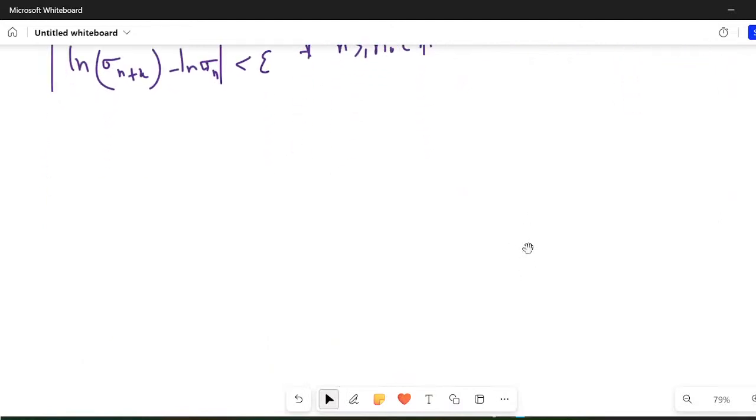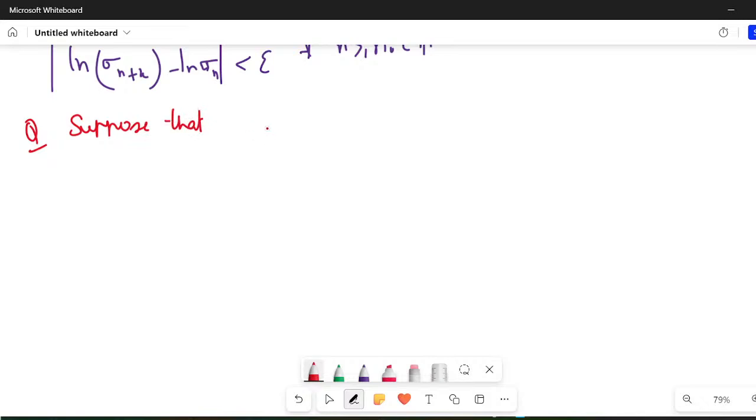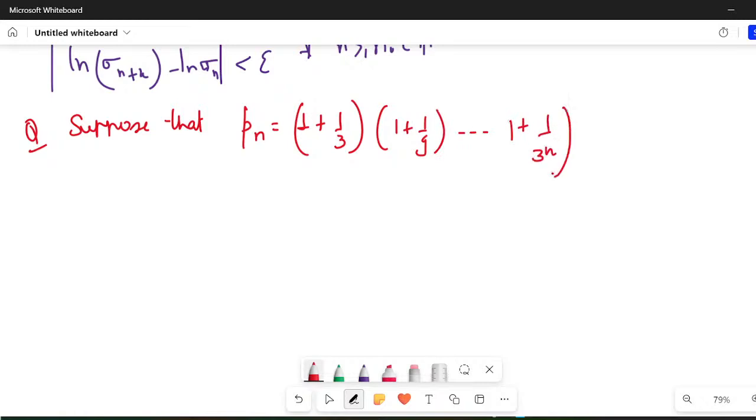Now try to do one question and then we'll meet tomorrow. Try to do this question. Suppose that Pn is given by (1 plus 1 upon 3) into (1 plus 1 upon 9) and so on up to (1 plus 1 upon 3 raised to power n).